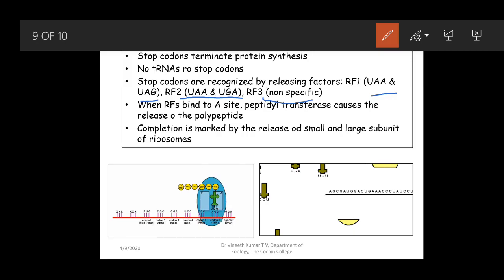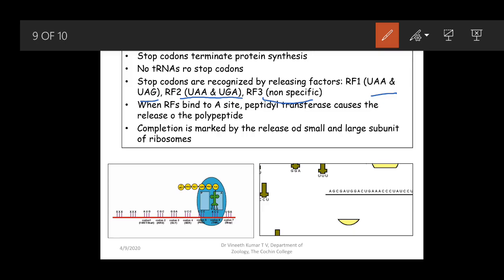Whenever a releasing factor comes to the A site, there is no amino acid in it. So peptide transferase will cleave off the polypeptide from the tRNA which is present in the P site.